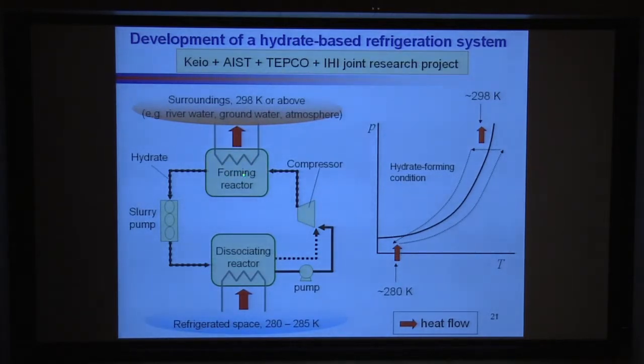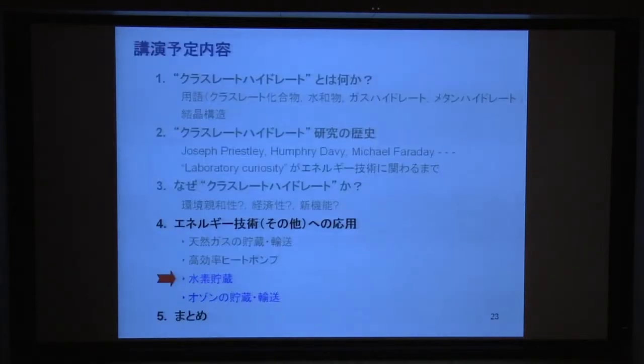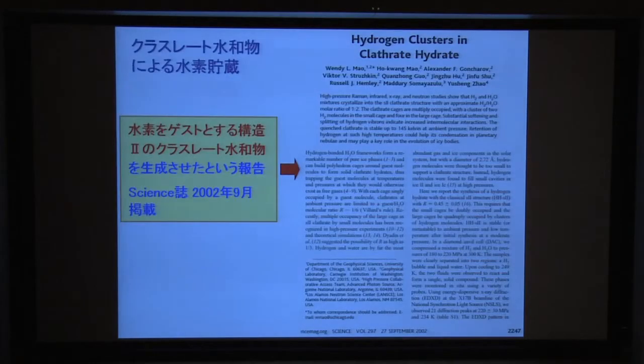So we are compressing the working fluid and adjusting by high pressure or low pressure for the air conditioning. But we would like to take that over with hydrate forming and dissociating. And under certain conditions, we were able to get a very good COP.